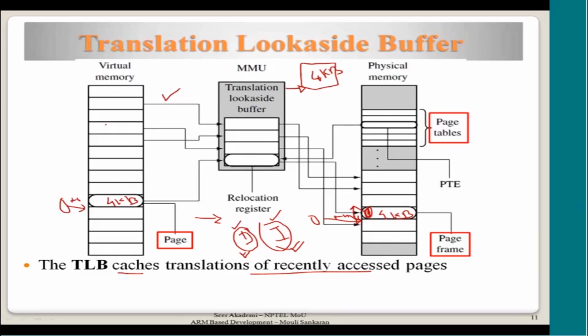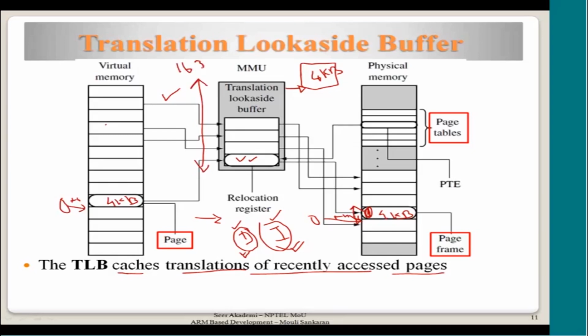Once we know the translation for an address within the page, it will be there anyway, so we can use it. That is why the TLB caches the translation of recently accessed pages. Please remember, it is recently accessed pages because the number of entries in the translation lookaside buffer is limited. It could be 16 or 32 or whatever.